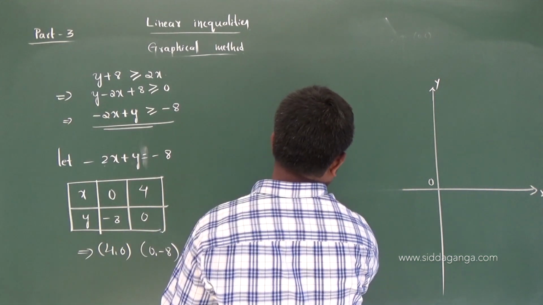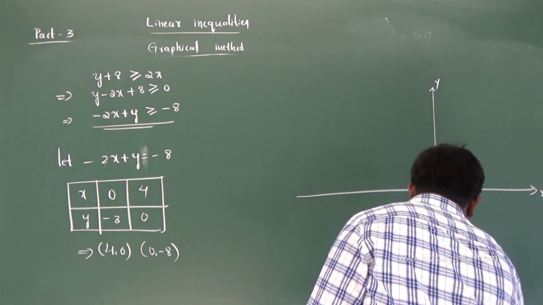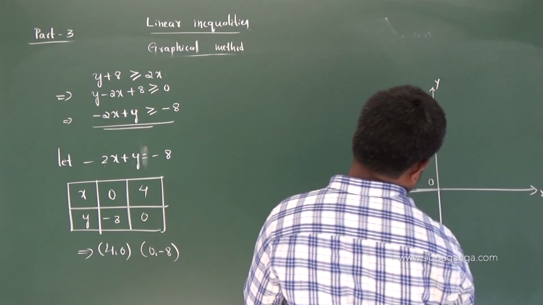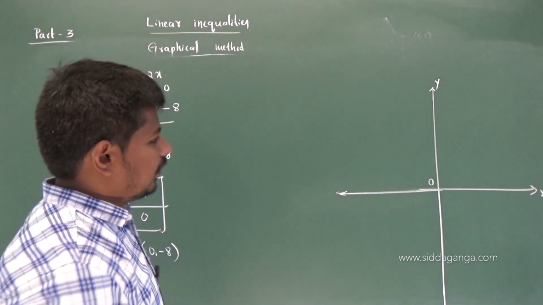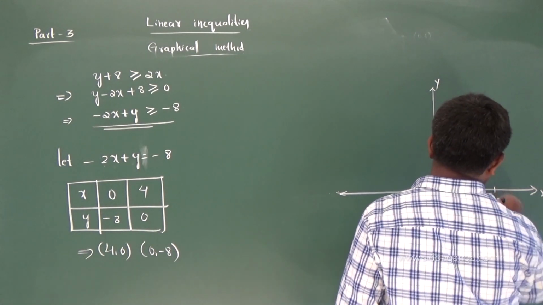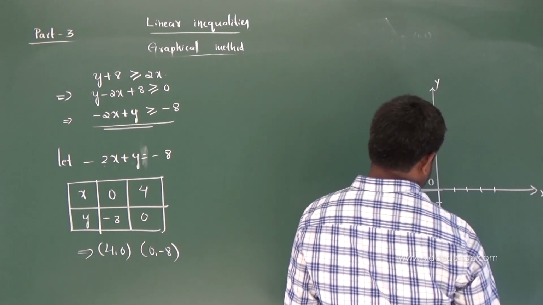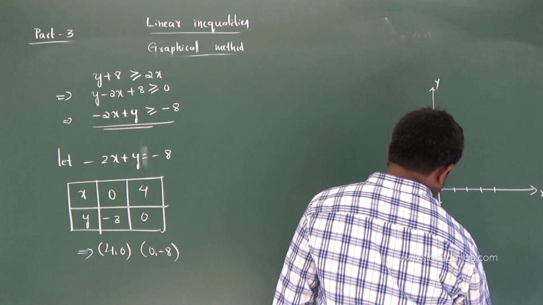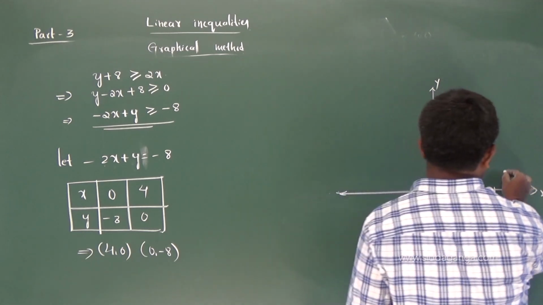Four comma 0, 0 comma minus 8. So you get 0 comma minus 8 here, and this is 4 comma 0.